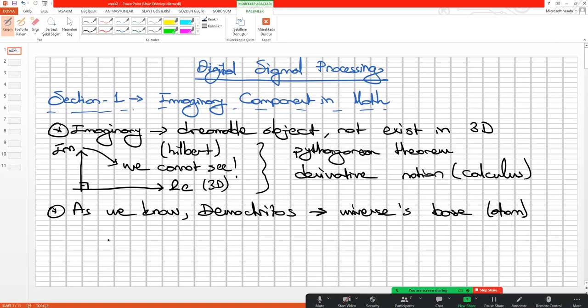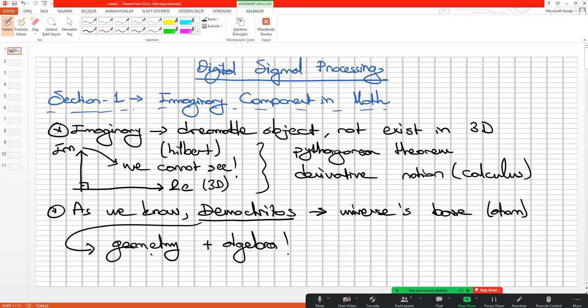And so in math, this idea is converted into geometry plus algebra. And so we can add another dimension or axis in order to represent anything in the algebraic form.